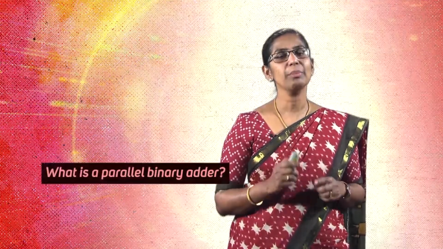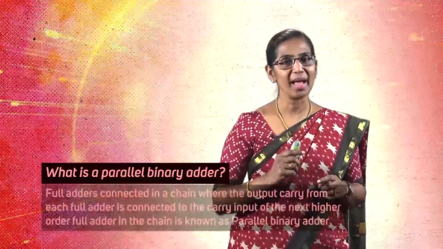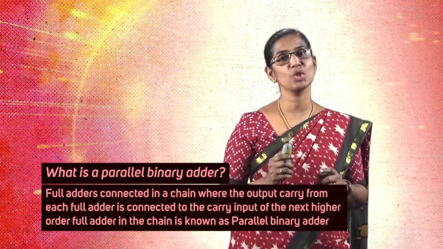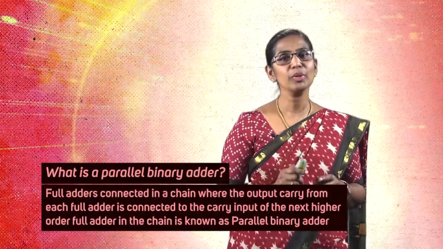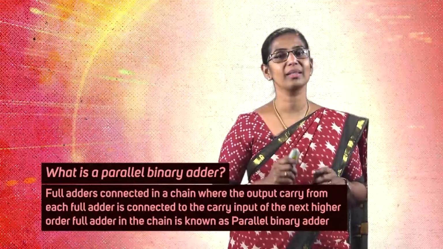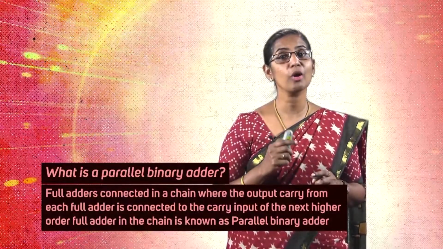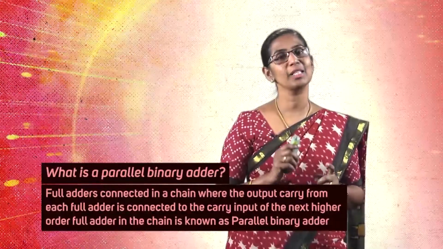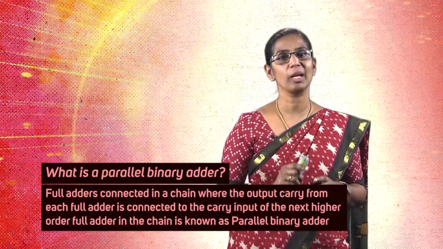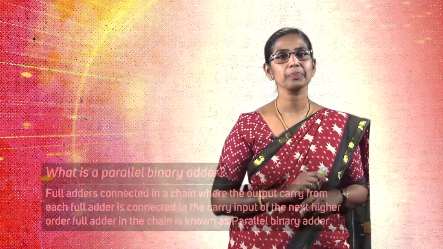So, what is a parallel binary adder? Full adders connected in a chain, where the output carry from each full adder is connected to the carry input of the next higher order full adder in the chain, is known as a parallel binary adder. An n-bit parallel adder requires n full adders to perform the operation.